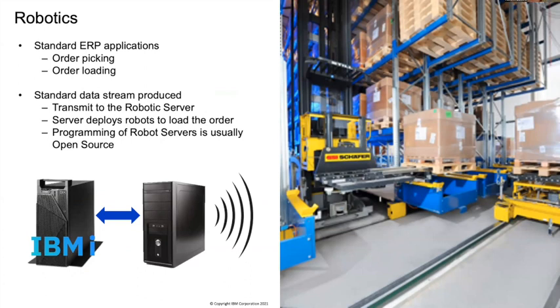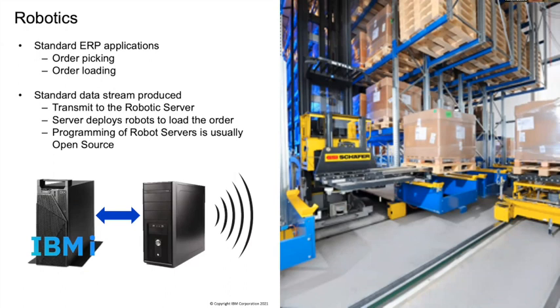I got to go to this company in Denmark where they have automated their entire warehouse. They run a standard distribution application on IBM i, and that application sends the order picking information to the robotics server that sits in the warehouse.